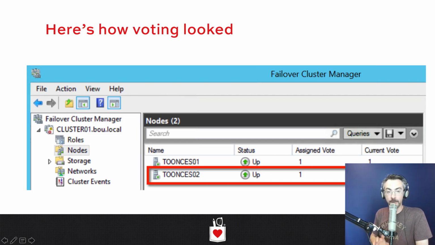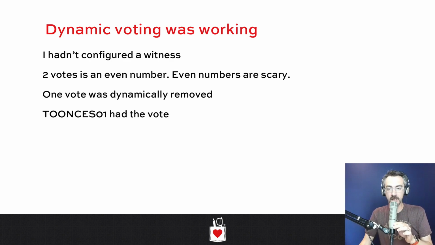This is by design. I think of all my SQL servers as people, drunken fools who refuse to listen. ToonSys02 and ToonSys01 both were eligible for votes, but Windows picks which one happens to have the vote at any given time.